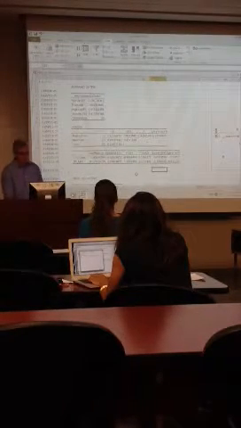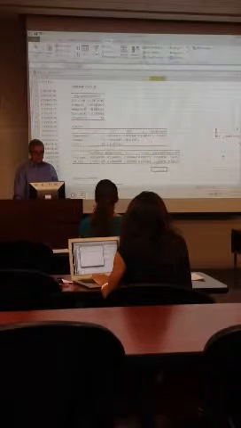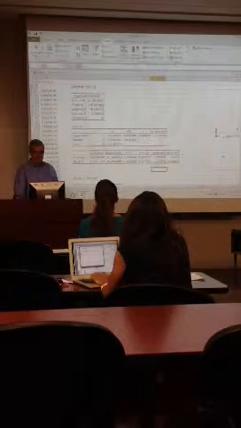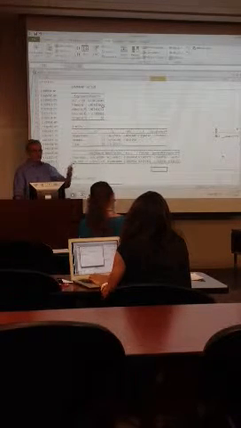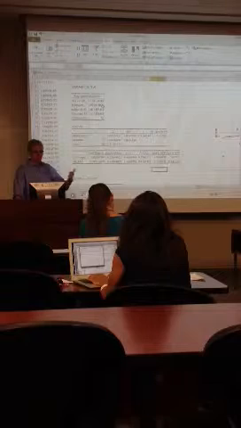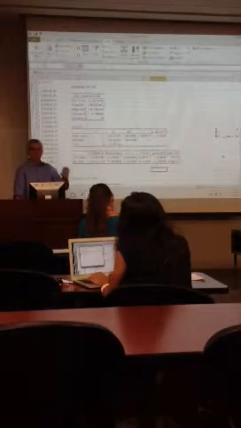Okay. So let's look at this output. What is the r-squared of this regression? It's the explained variance, or the explained variation, divided by the total variation.